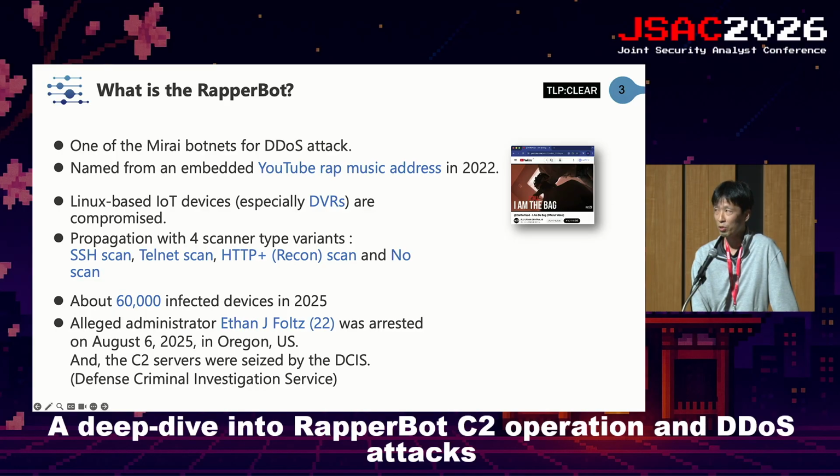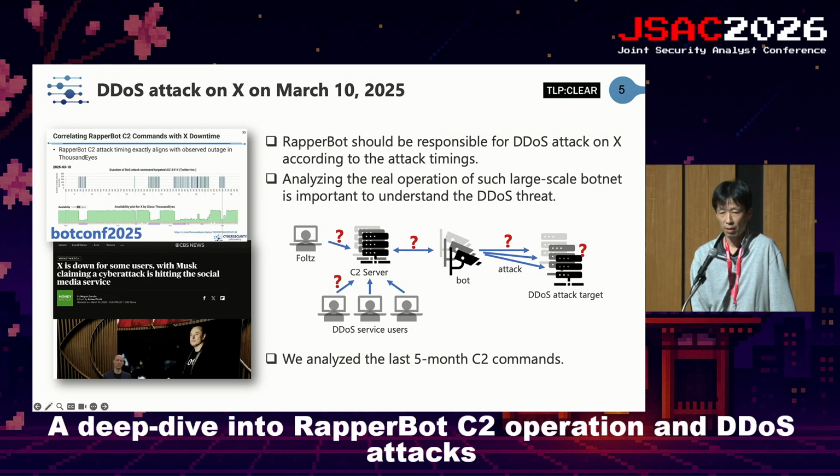devices were infected. Ethan Waltz, 22 years old, who was running the operation, was arrested in August, and the C2 server was also seized by DCIS. At BotConf last year, I filed this report with you.